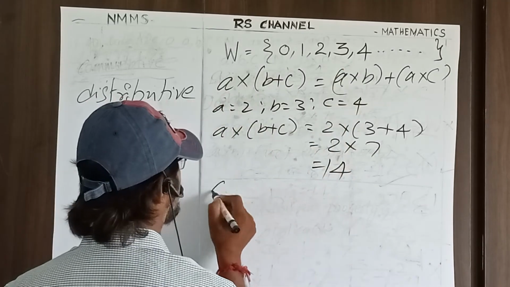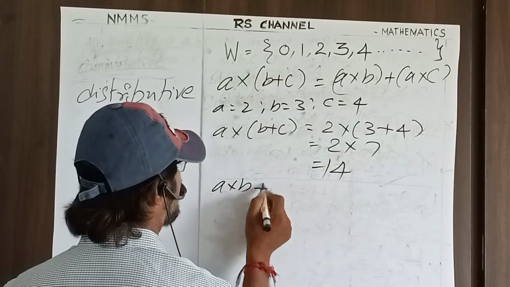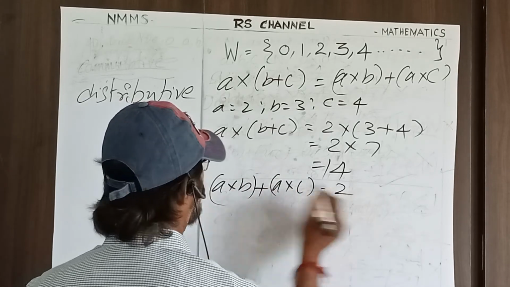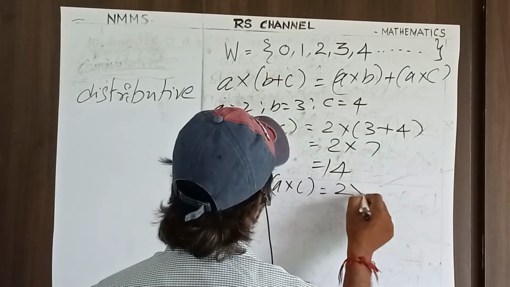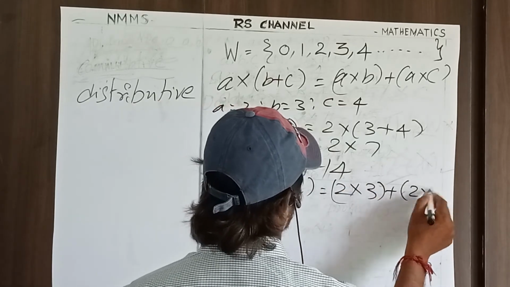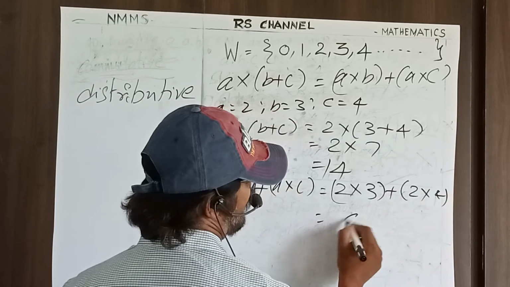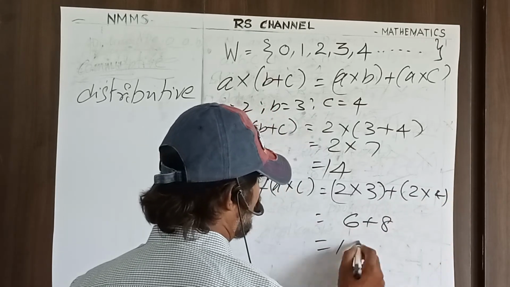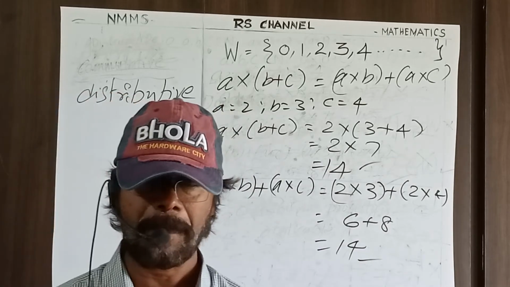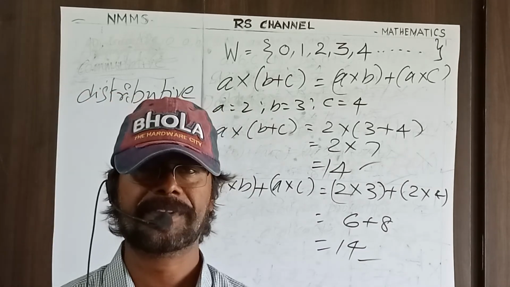Now go for A into B plus A into C: 2 into 3 plus 2 into 4, 6 plus 8, 14. Distributive is applicable in the set of whole numbers.